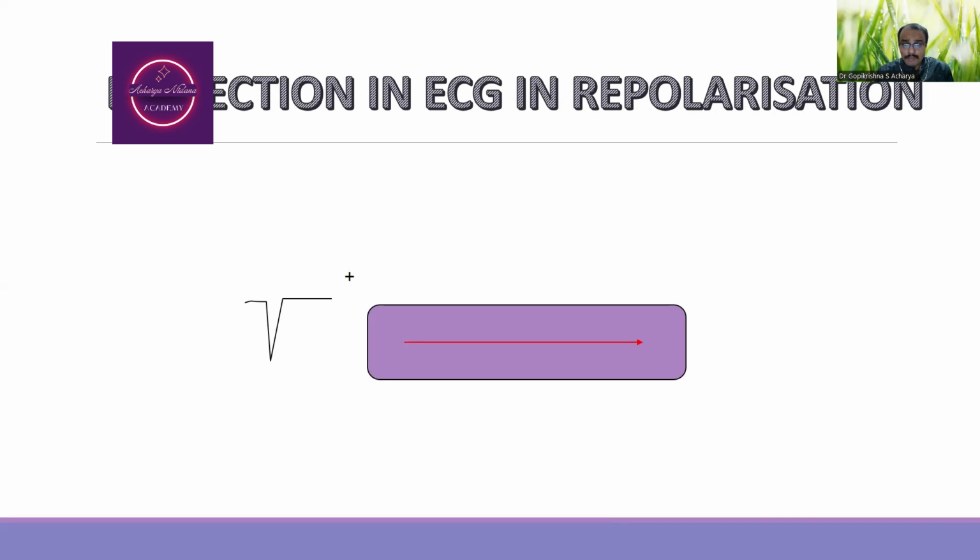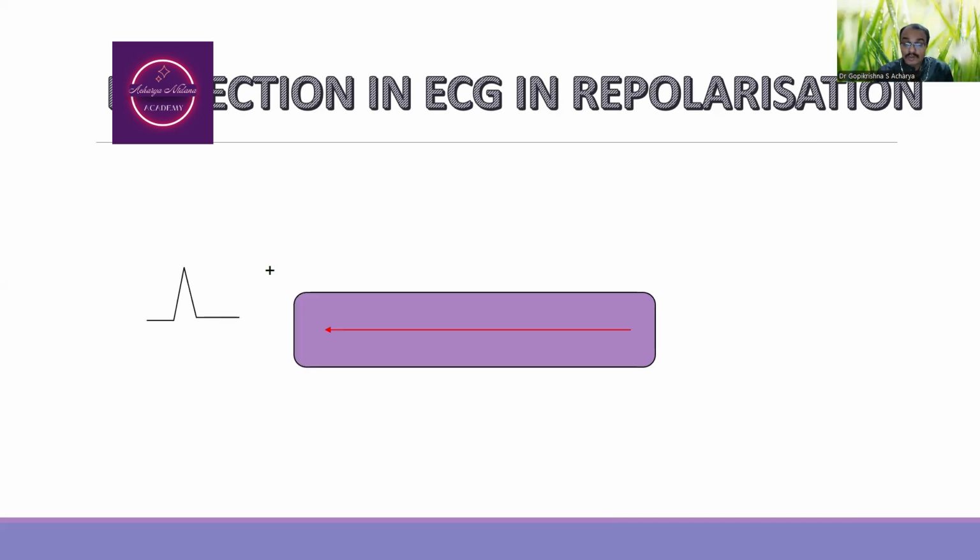When you think about repolarization, if the repolarization is happening in the same direction as the depolarization, that will be responsible for the prominent negative deflection. If the repolarization is happening in the reverse direction of the depolarization, that will be responsible for the prominent positive deflection, right?